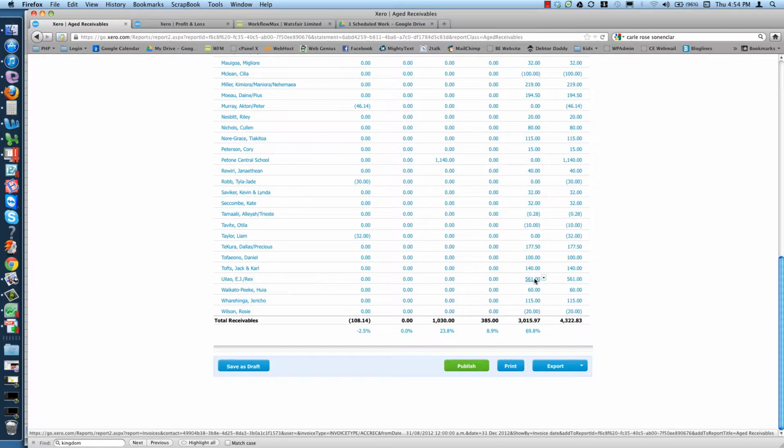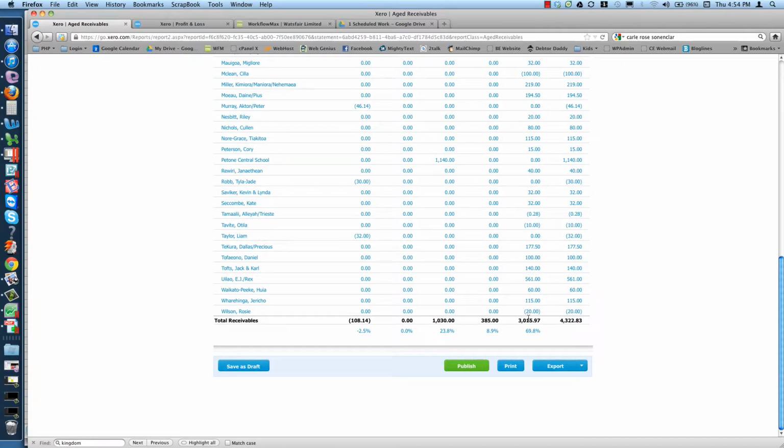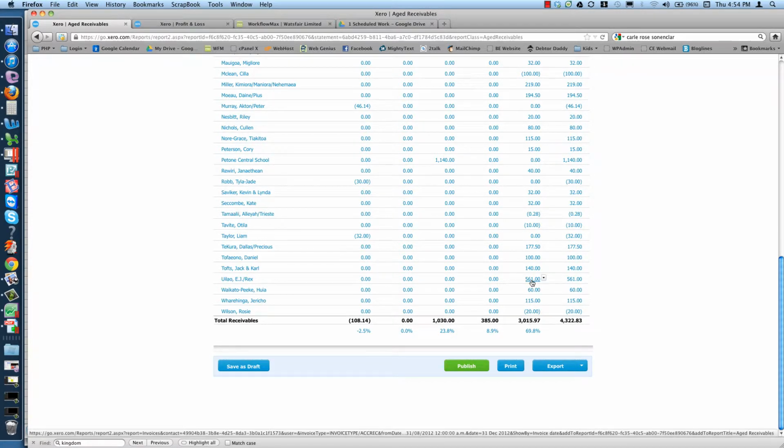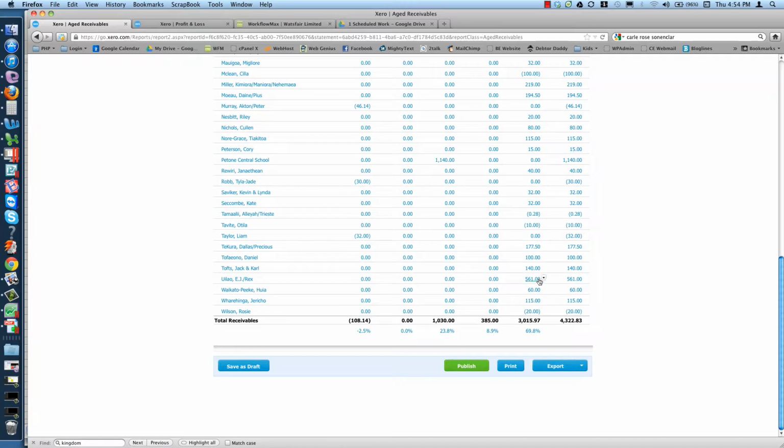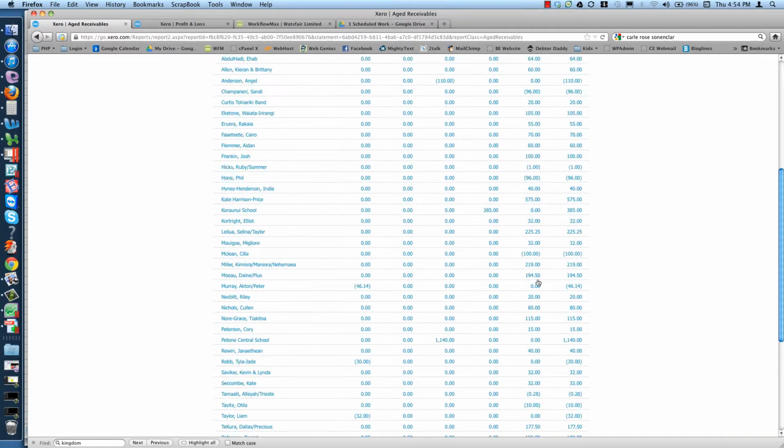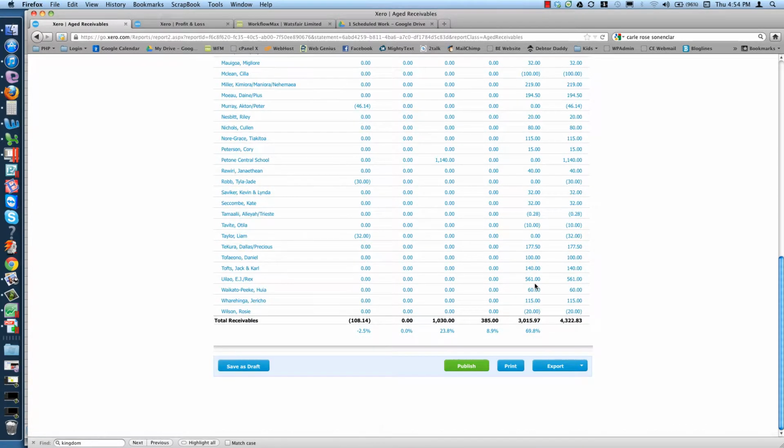So when we start to see amounts that are getting stale, especially large numbers like this, that's one of the things we want to be checking. Could this have been received and therefore this invoice is not valid anymore? It should have been matched against a receipt. So when we see large amounts of stale invoices, we probably want to start doing a bit of research.